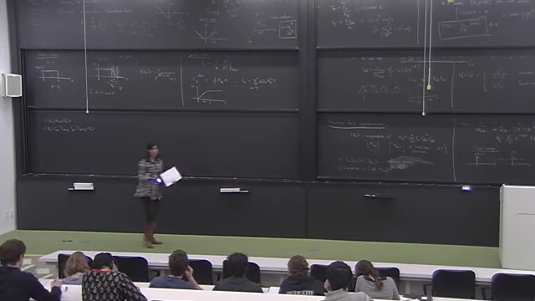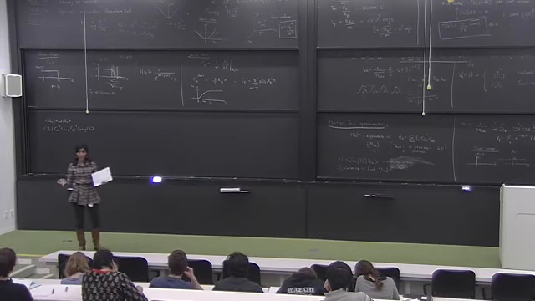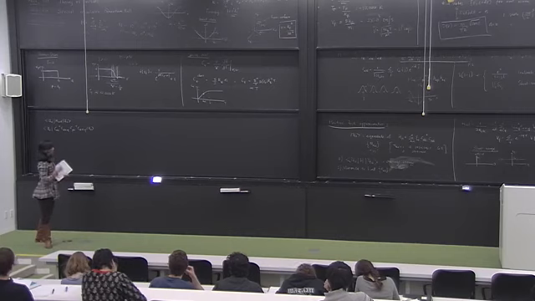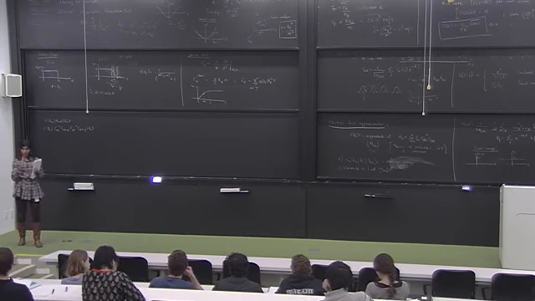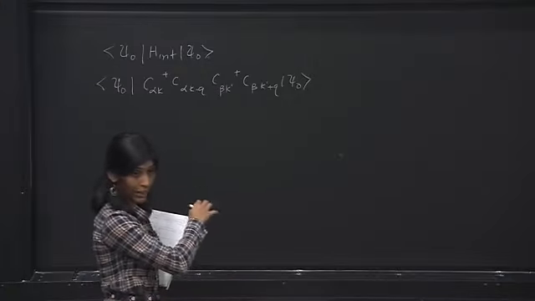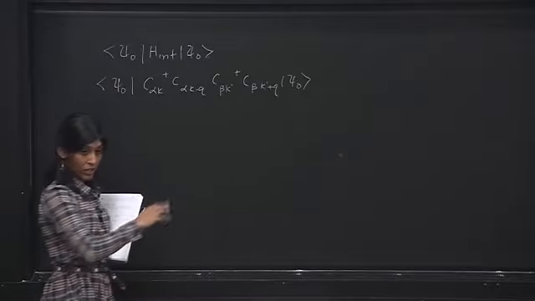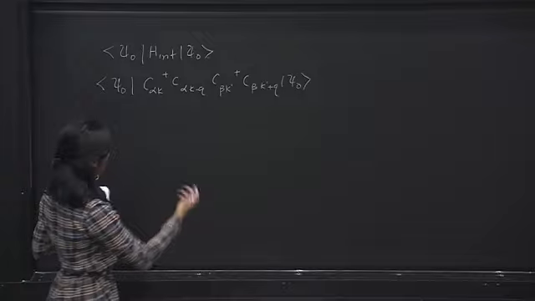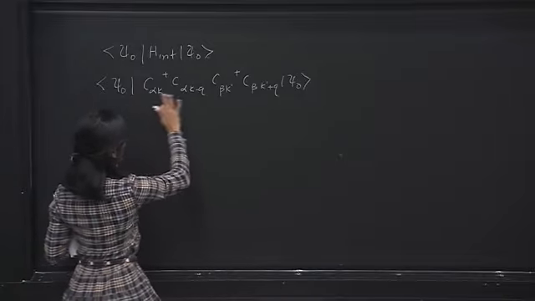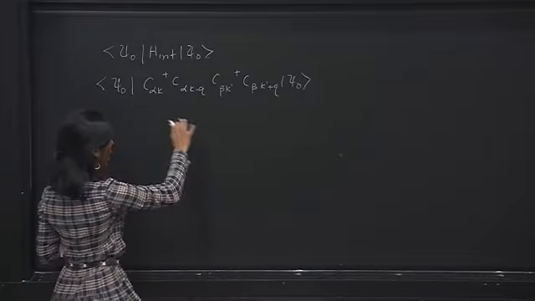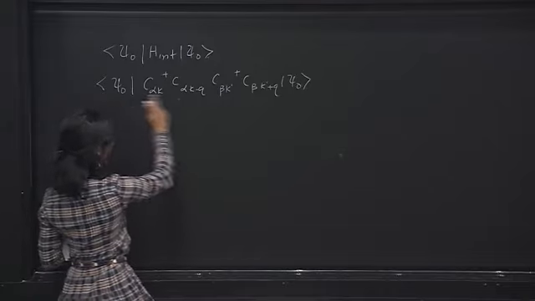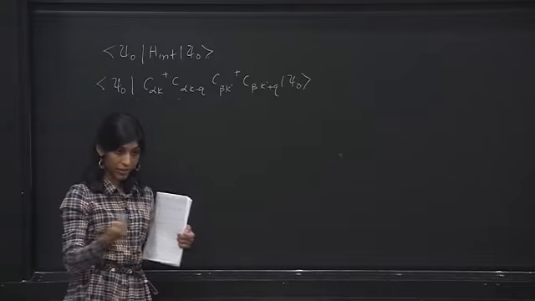So you've all seen Wick's theorem, I know, because you're doing QFT2, which is, you've definitely seen Wick's theorem by now in the context of field theory and path integrals, right? So this is the second quantized version of that same concept, which is that a 4-fermion operator evaluated within a state which is a Slater determinant state, right?